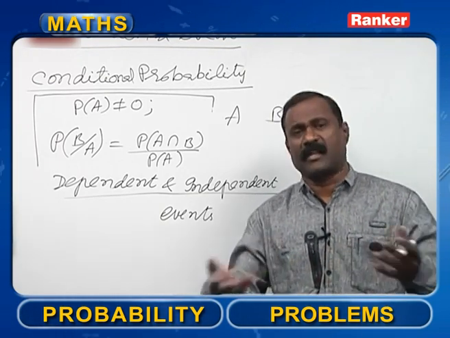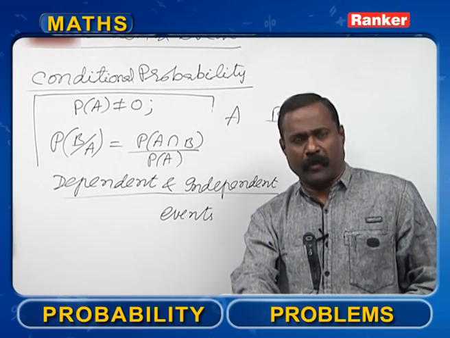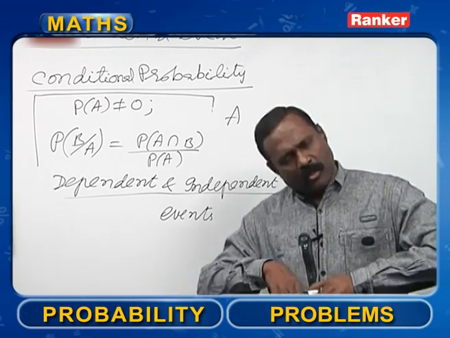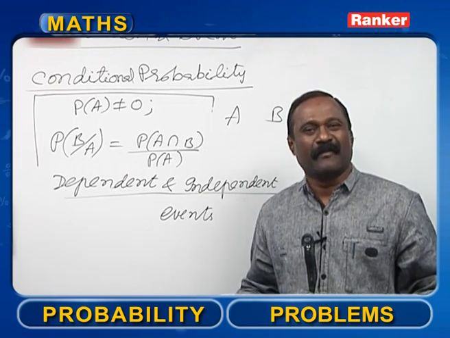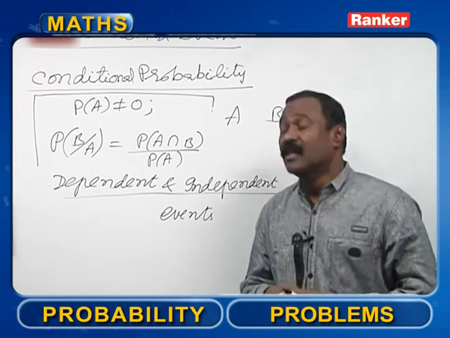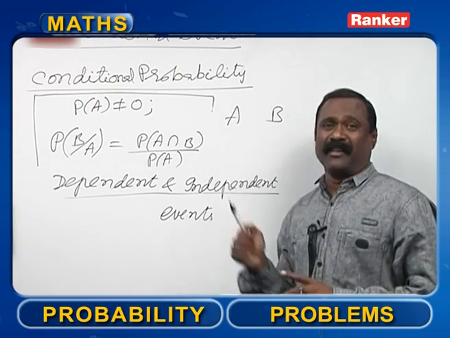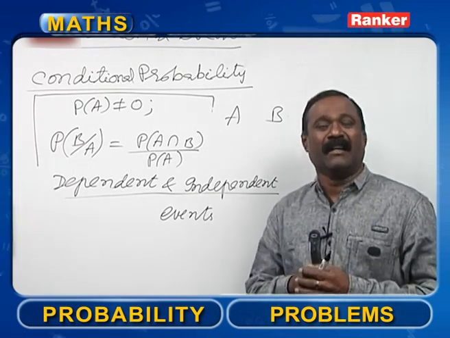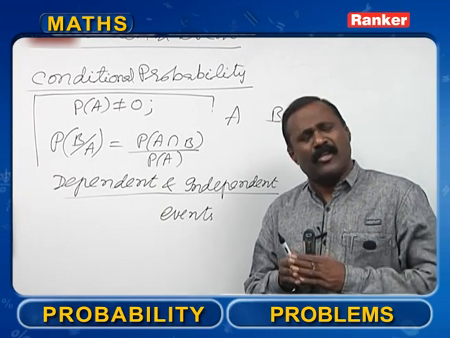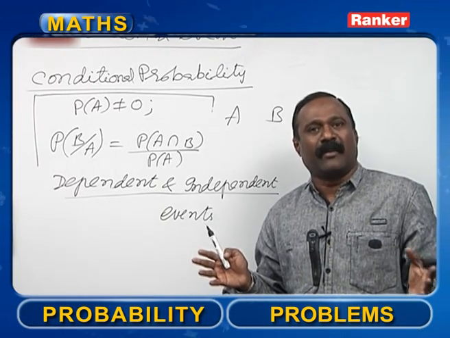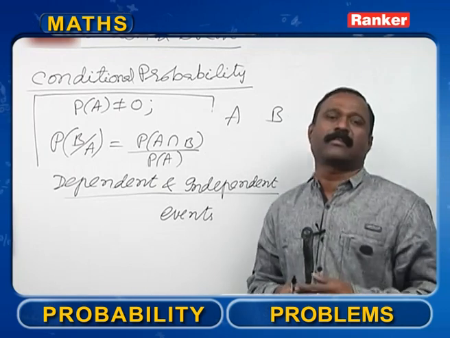In the first case there are 17 balls. Because I replaced the ball, in the second case also the total number of balls remains the same, 17 only. So these two are said to be independent events. If the ball is replaced in the bag, the occurrence of the first event is in no way influencing the occurrence of the second event, because the total number of balls remains the same.